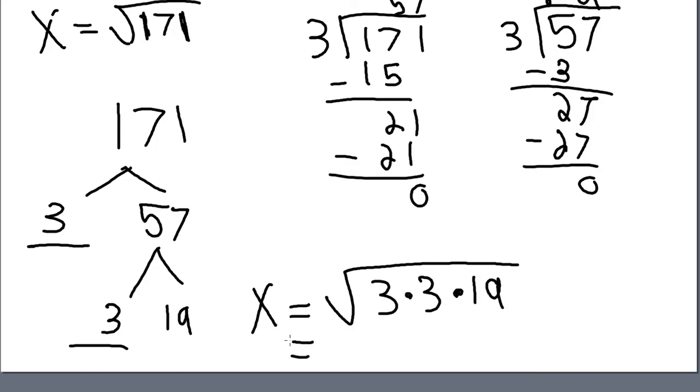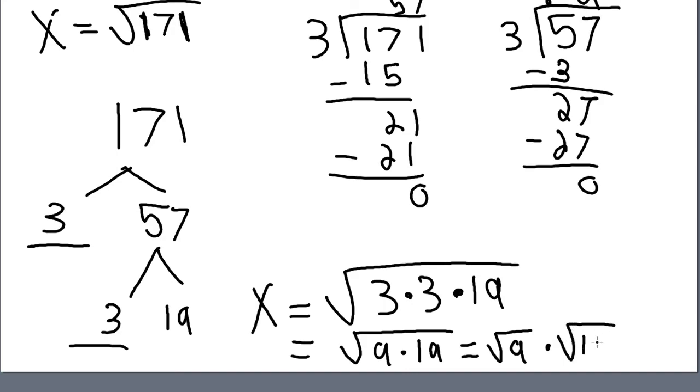Well, there are 2 ways you can look at this. One of them, which is the more mathematical way, is you can see that 3 times 3 is 9. 9 times 19. And the way radicals work, you can actually separate it like this. Square root of 9 times the square root of 19.